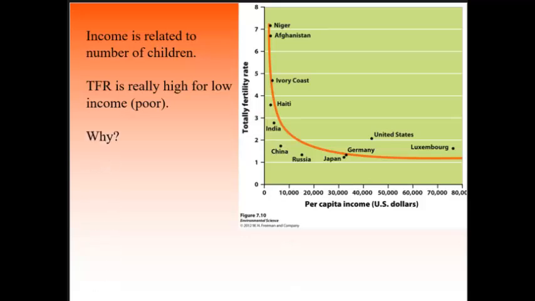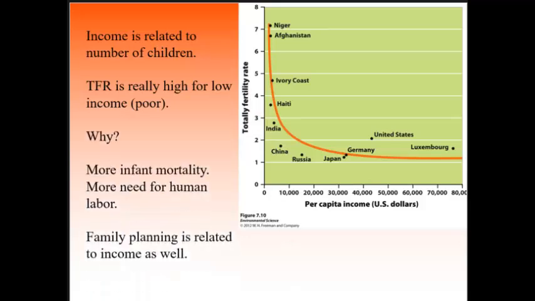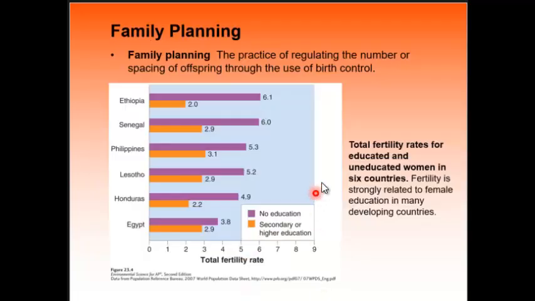And I just explained some of this to you. So we've been going over this in class, and family planning has a lot to do with income as well. So fertility rates for people that are educated versus uneducated, we know the stats, which means if we want to help a country slow down their population growth, we're going to have to educate the women.